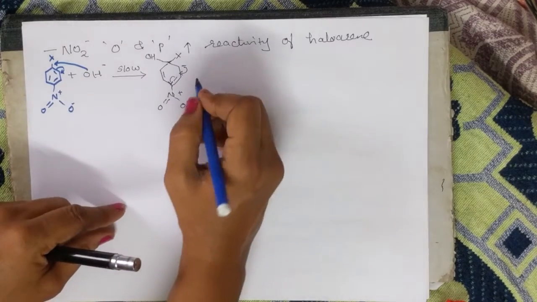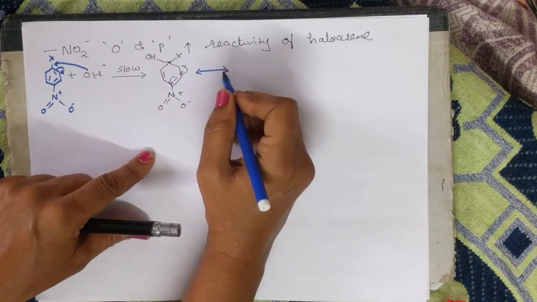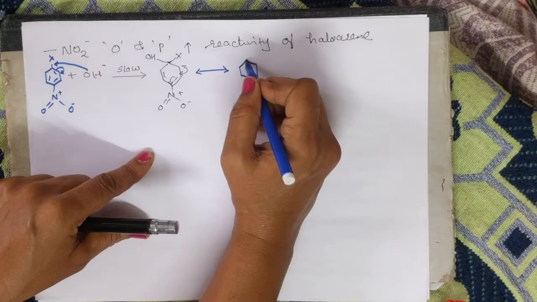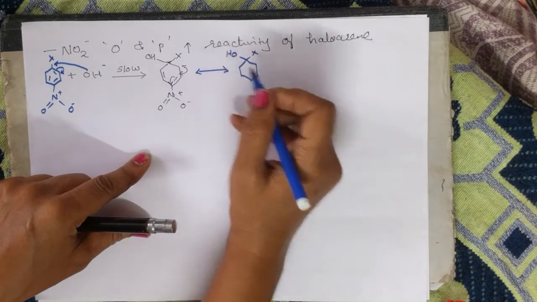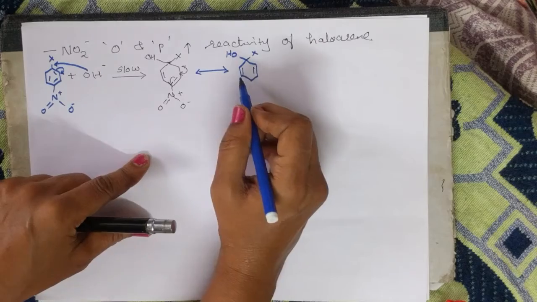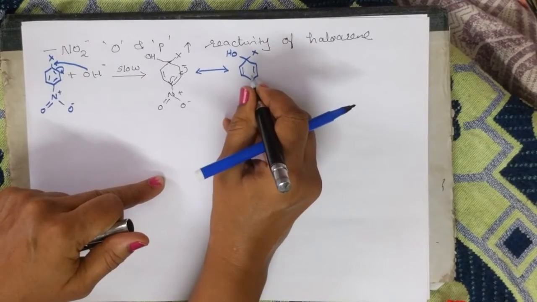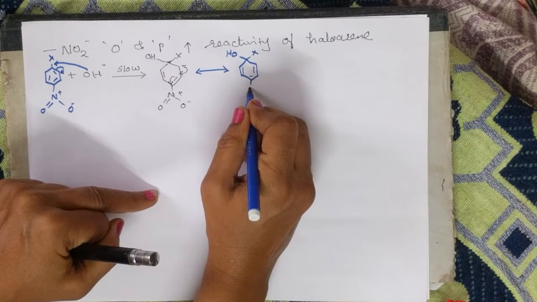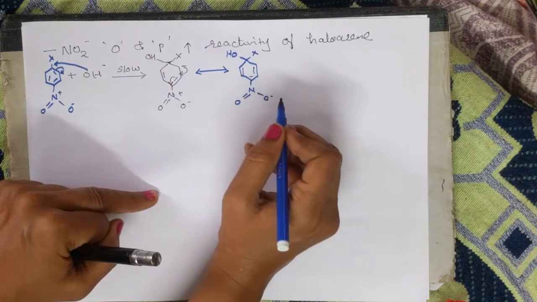So now here what happens, student? Here you have X, OH. Here you have a minus charge, and your NO2 group is present over here.